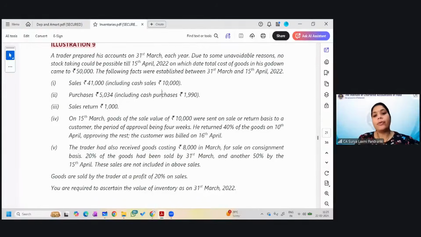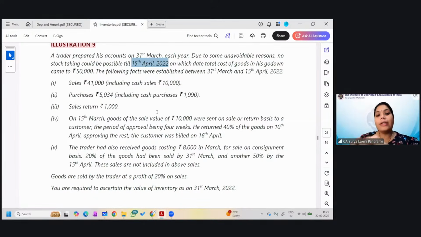That is clear. Due to some unavoidable reasons, no stock taking could be done till 15th April, which means he has closed his books of accounts on 31st March 2022, but he could not do the stock taking. I hope I'm clear what stock taking is. It is nothing but doing the physical count of the stock, right?